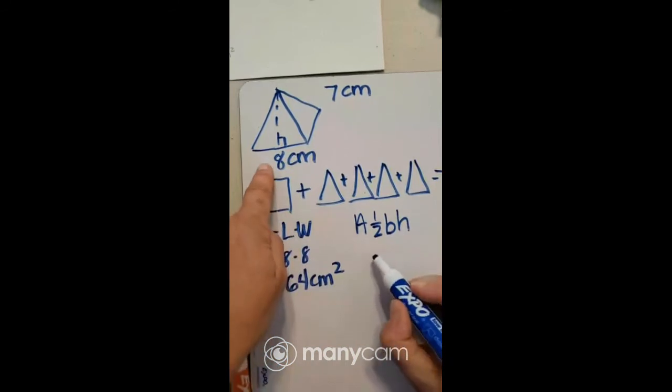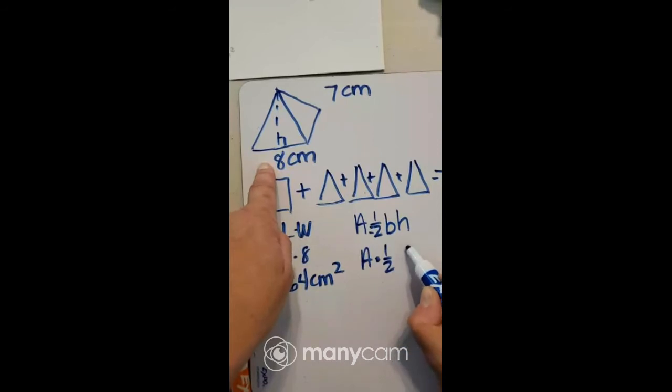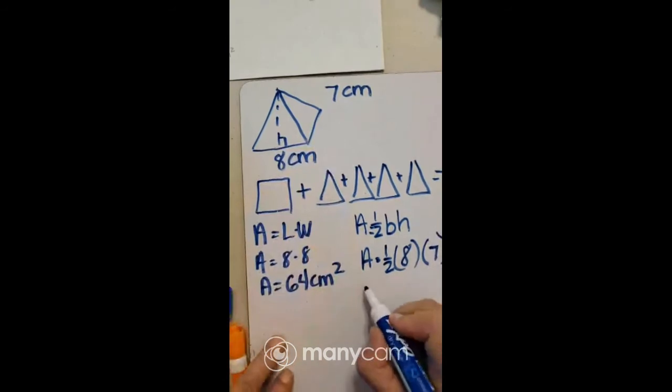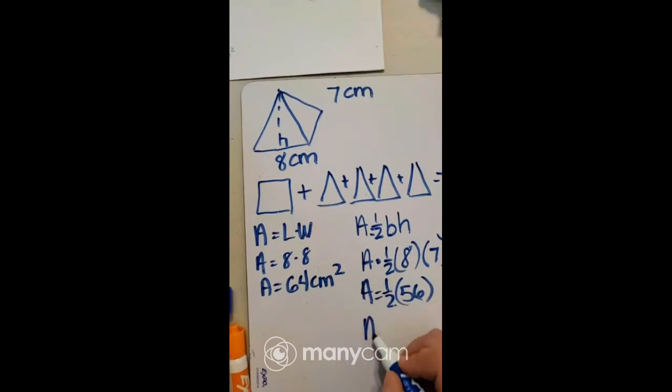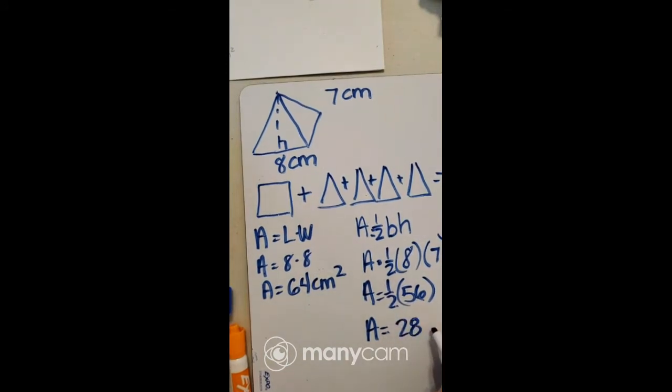The base is 8, and the height is 7. Area equals 1/2 times 56. 7 times 8 is 56. Area equals half of 56, which is 28 centimeters squared. That's the area for one triangle.